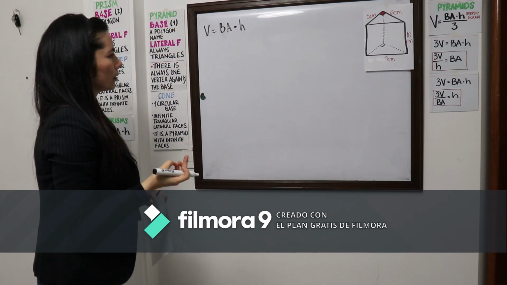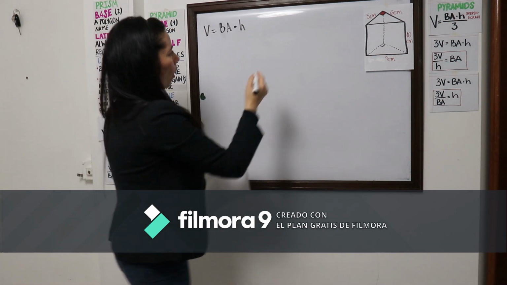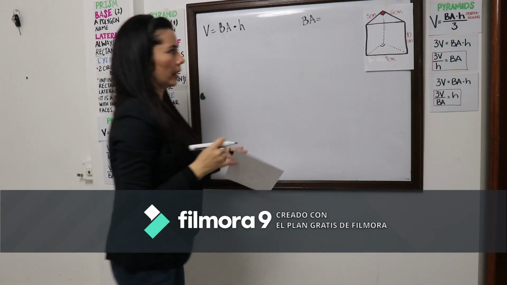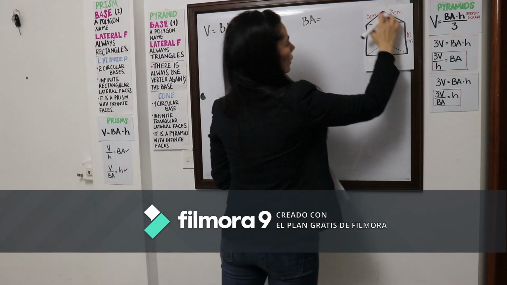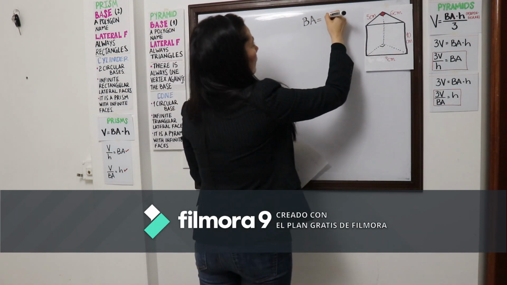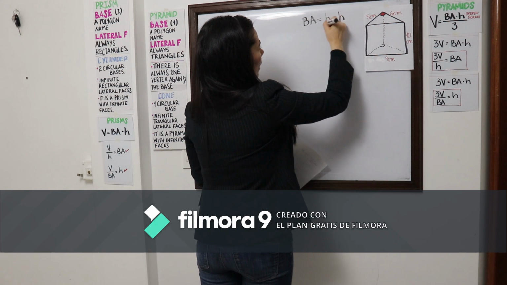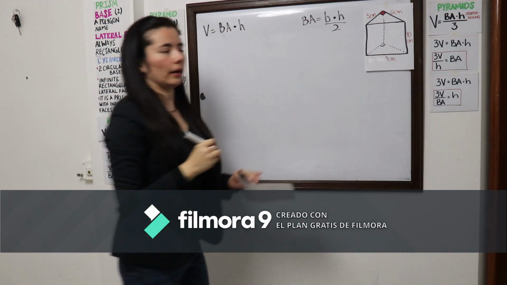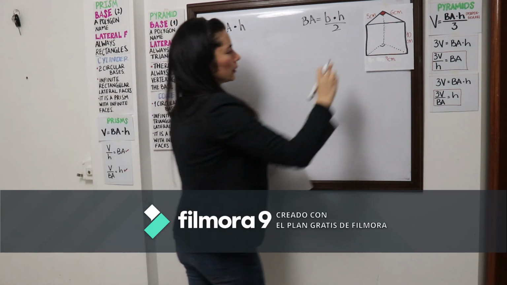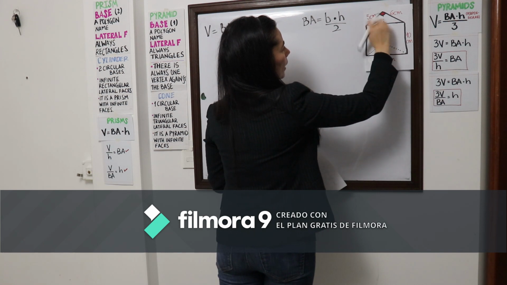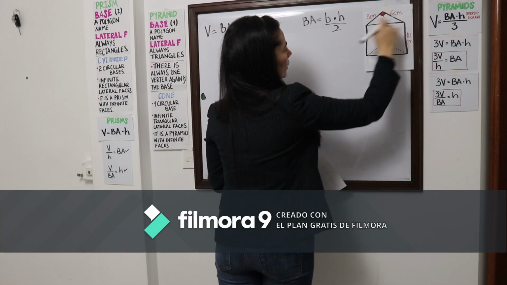And of course, we need to find the base area first. So on a side over here, we're gonna find the base area. Now the base area, as you can tell, is a triangle, but it's a right triangle. So we know the formula to get the area of a triangle, it's actually base times height divided in 2. And since we have a right triangle, we know the base is gonna be this one and the height is gonna be this one.